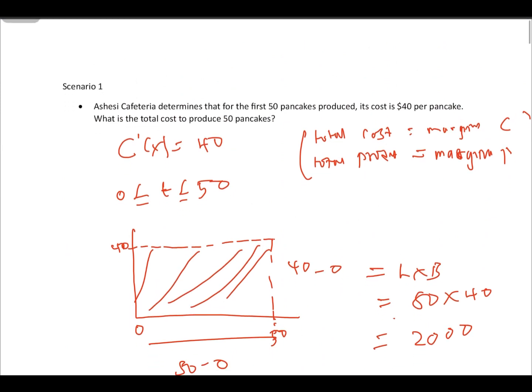So now let's consider something here. How do we approximate the area if the rate is a curve, but not the normal figures that we see here? If the rate is a curve, how do we compute this area?